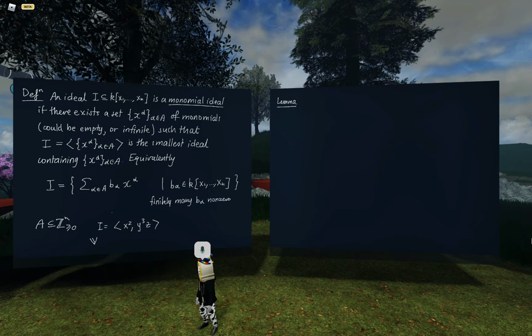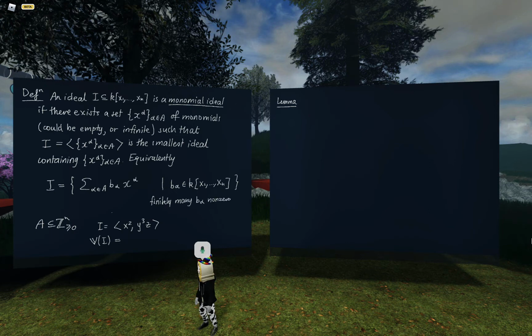And if I take the vanishing set of that, well, where does x squared vanish? It's just where x vanishes, right? Where does y cubed z vanish? Well, that vanishes where either y is 0 or z is 0.